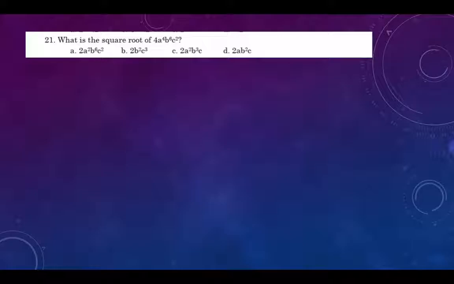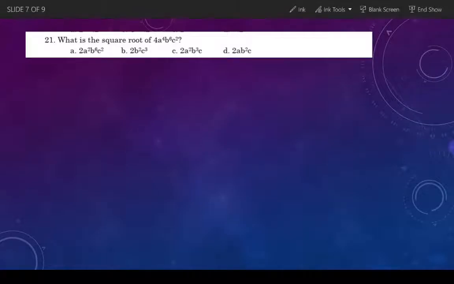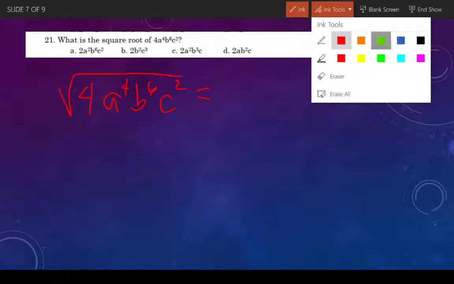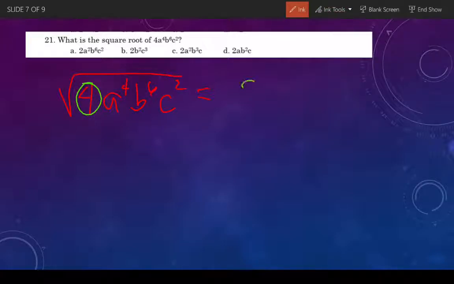Next, number 21. What is the square root of 4a to the 4th power, b to the 6th power, and c to the 2nd power? So, what is square root of 4? We have 2. What is, okay, square root of a to the 4th power? We have a to the 4th power divided by 2.